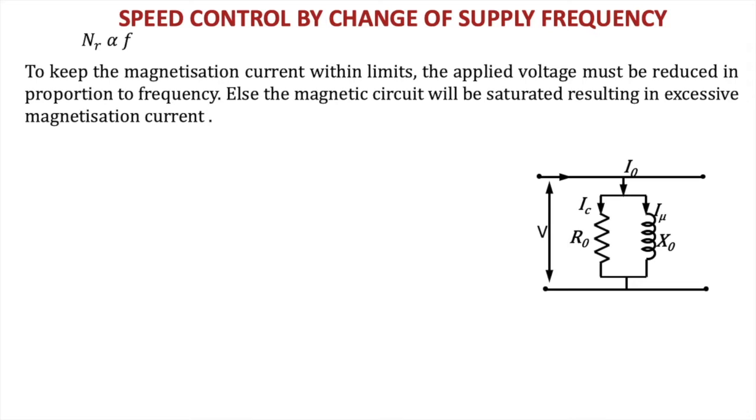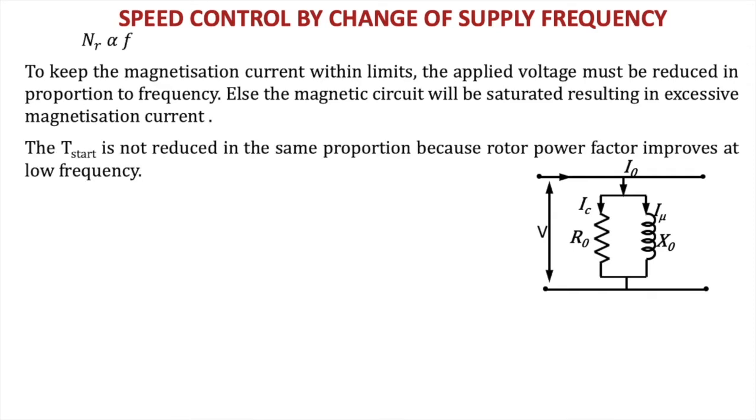From the BH curve you already know that if the current or MMF is increased to a larger extent, the magnetic circuit goes into saturation. So therefore, to control the frequency and keep the machine out of saturation, the applied voltage should also be reduced in the same proportion to the frequency, so that the motor functions as the desired requirement.